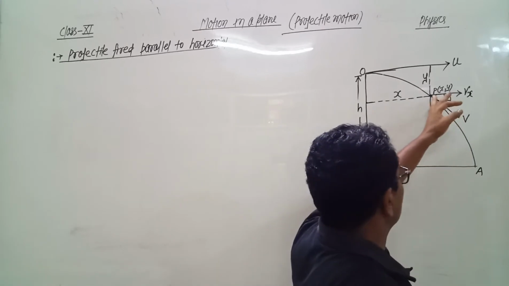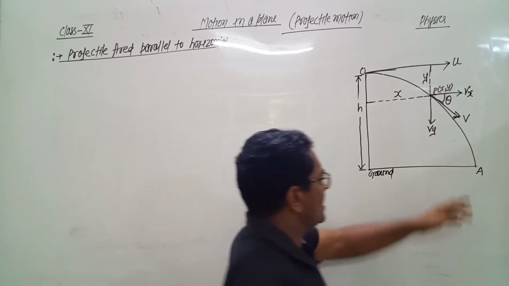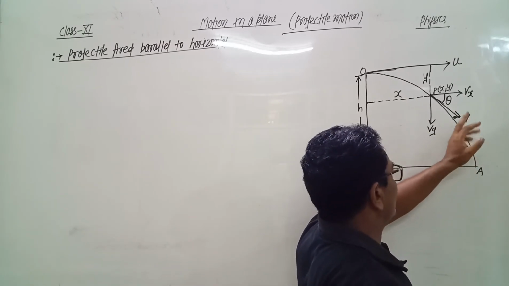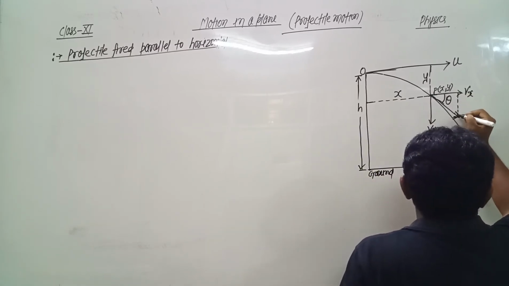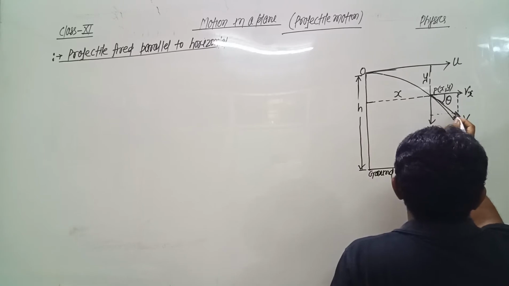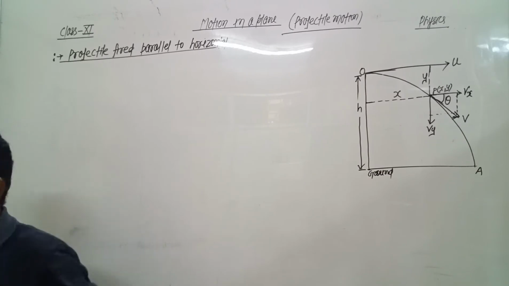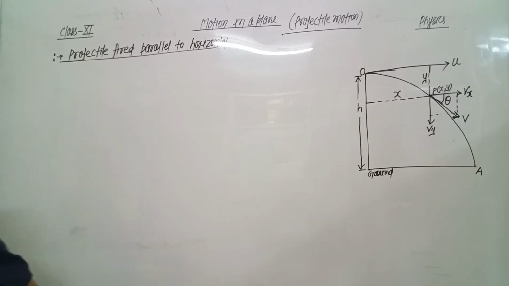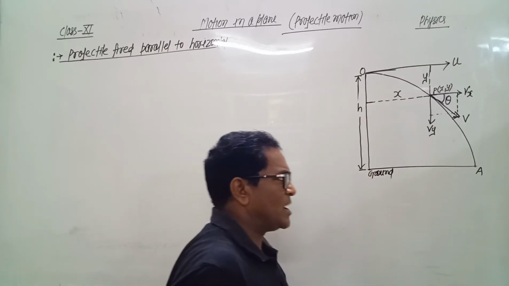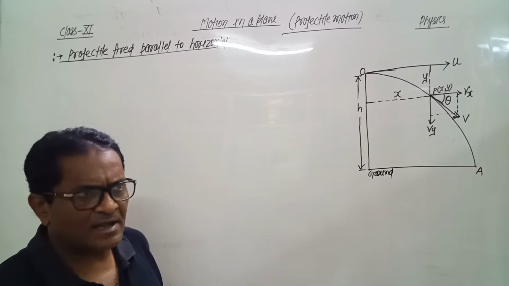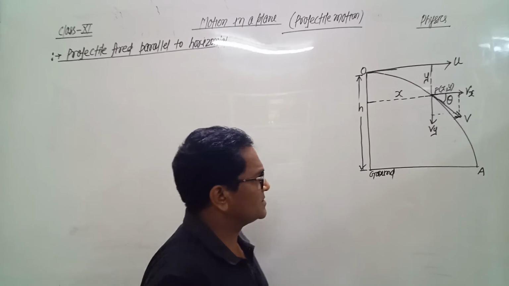After time t, the body reaches point P, and the velocity at point P is the vector v, and these are the two rectangular components of the velocity vector. In the horizontal direction the component is vx, and in the vertical direction the component at point P is vy.